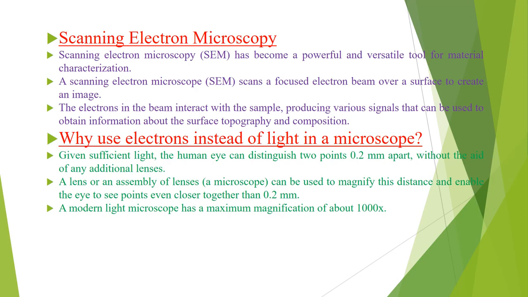A lens or an assembly of lenses in a microscope can be used to magnify this distance and enable the eye to see points closer together than 0.2 millimeter. A modern light microscope has a maximum magnification power of about 1000 times greater than this.